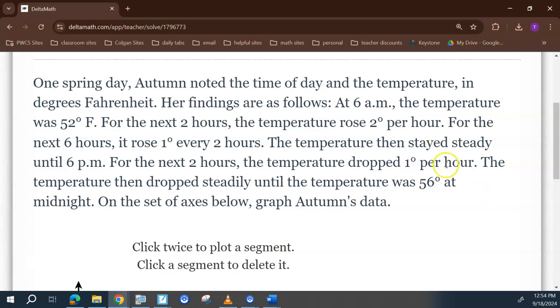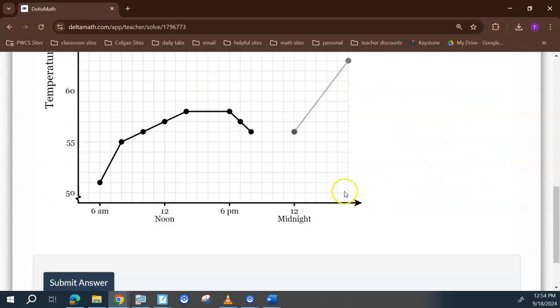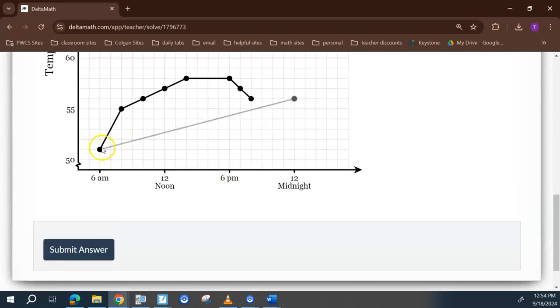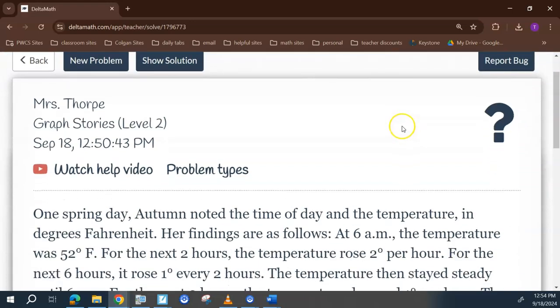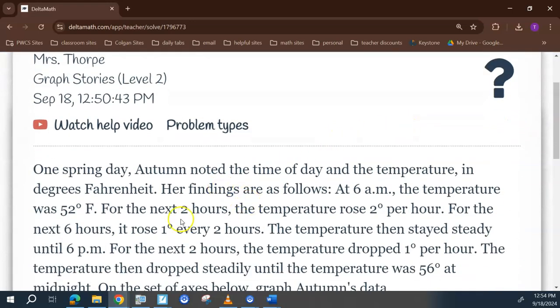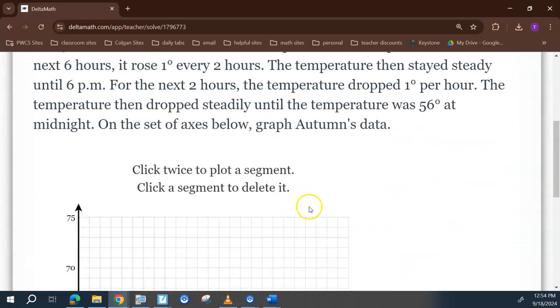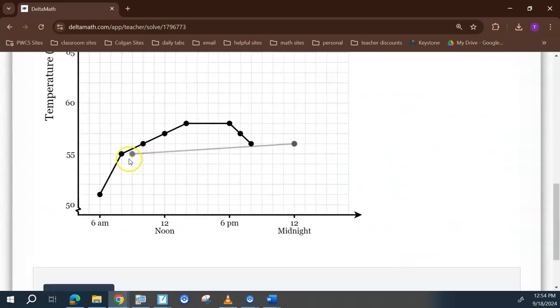The next 2 hours, 2 degrees per hour. 2, 2. Next 6 hours, 1 degree every 2 hours. 1 degree, 2 hours, 1 degree, 2 hours, 1 degree, 2 hours. Stayed steady until 6.